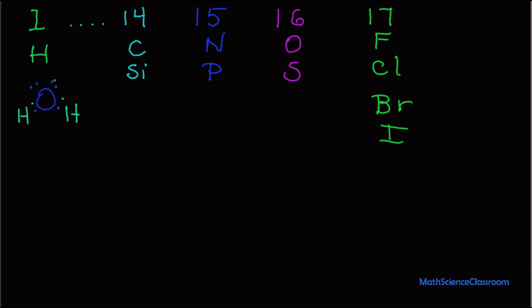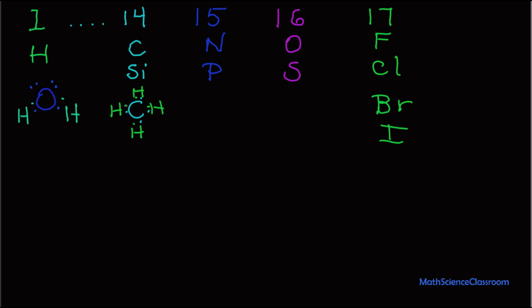Next, let's look at carbon. A good example of a carbon compound would be methane. So methane is CH4. So we have a central carbon atom with 4 hydrogens. The hydrogens provide 1 electron each, and the carbon provides 1 electron for each hydrogen.